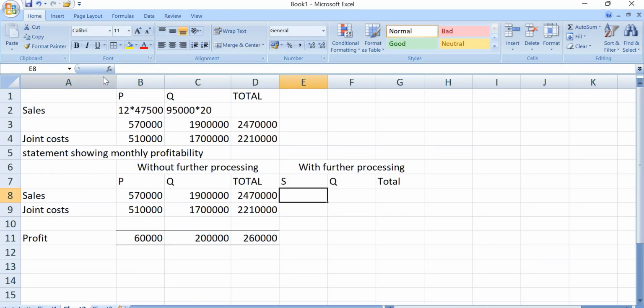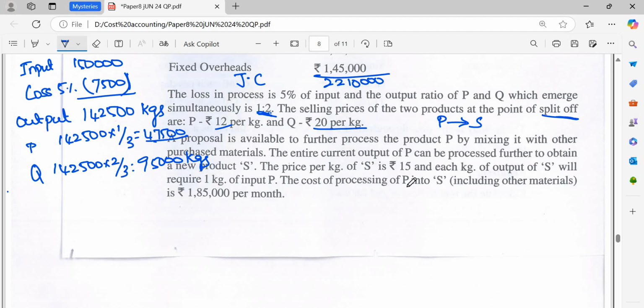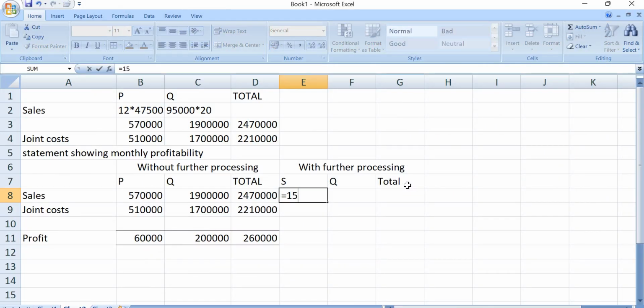So for S, selling price is 15 rupees. So 15 into 47,500 kgs of P, right? So same kgs here also. For Q it is same.